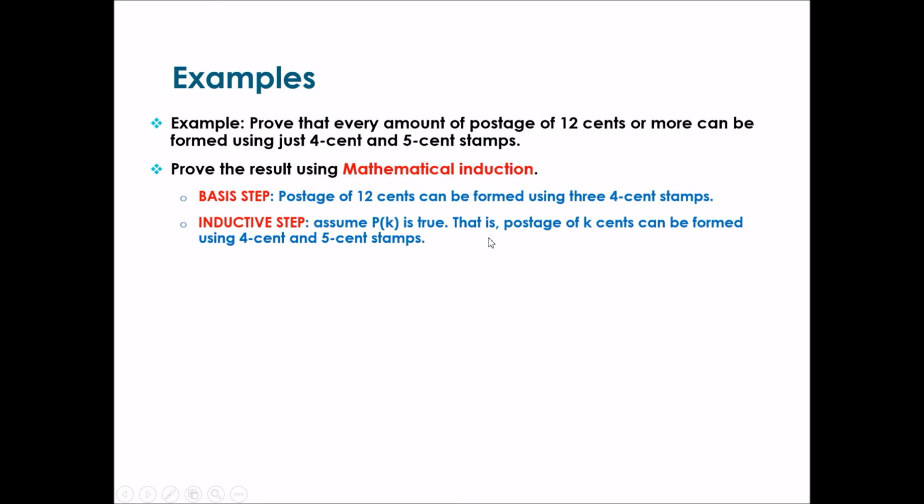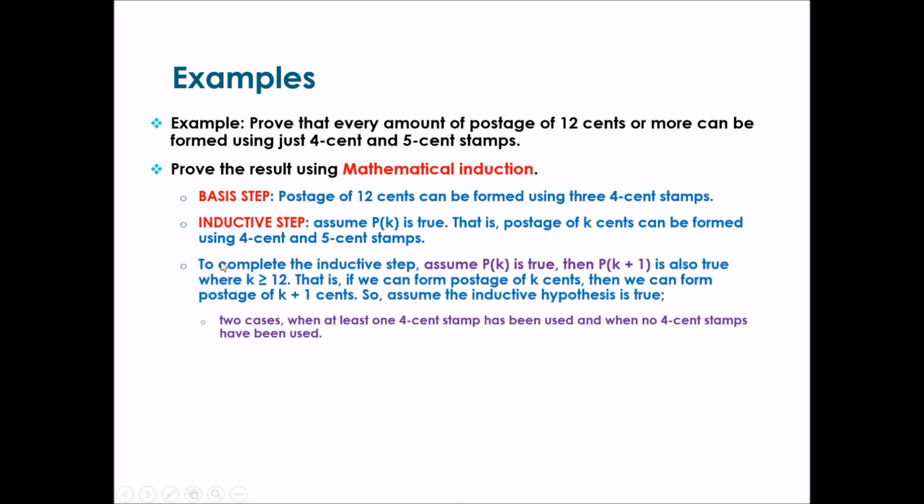Assume pk is true, that is, postage of k cents can be formed using 4 cent and 5 cent stamps. Now to complete the inductive step, assume that pk is true, then pk plus 1 is also true. So we need to prove that pk plus 1 is true. Our assumption is pk is true.